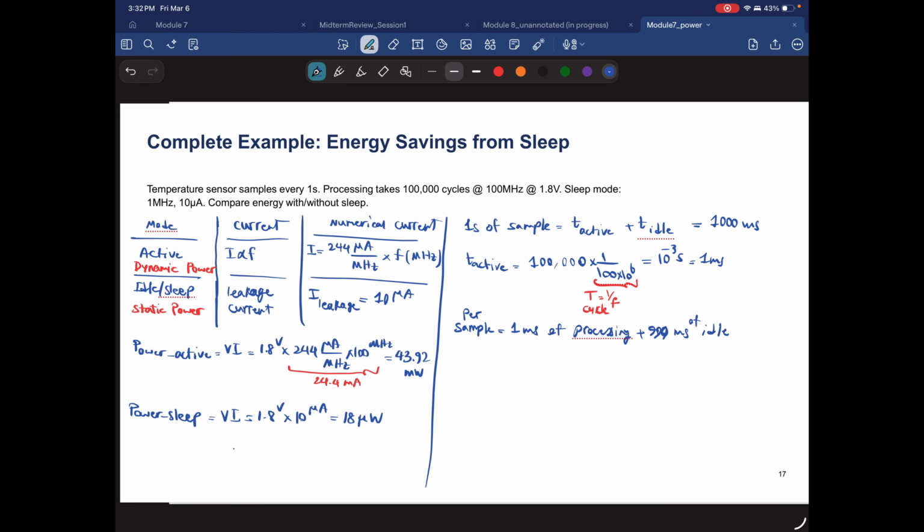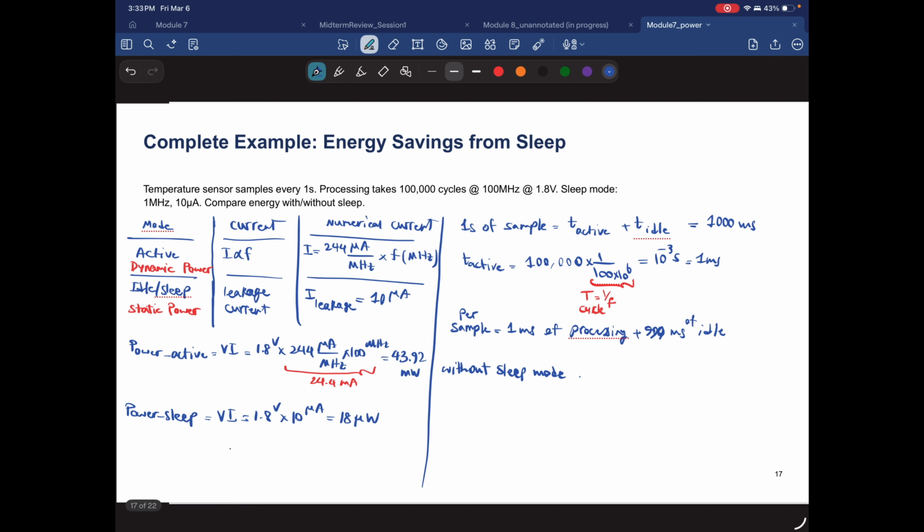Okay. Now, without the sleep mode, we are treating both of these two times the same thing. We are saying 1000 millisecond of active power, which is 43.92. Or let me just go back a little bit.